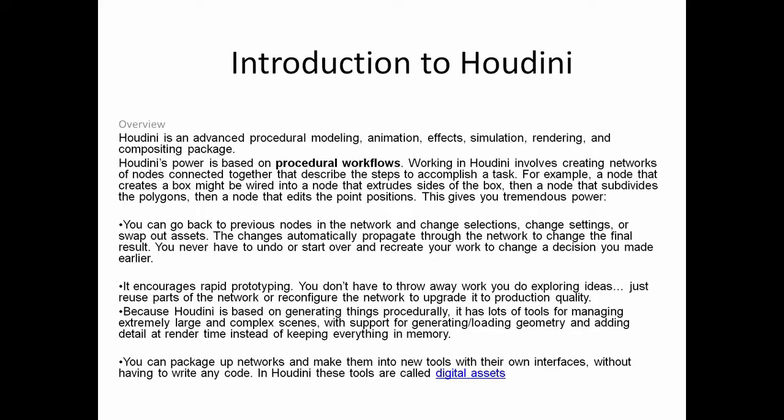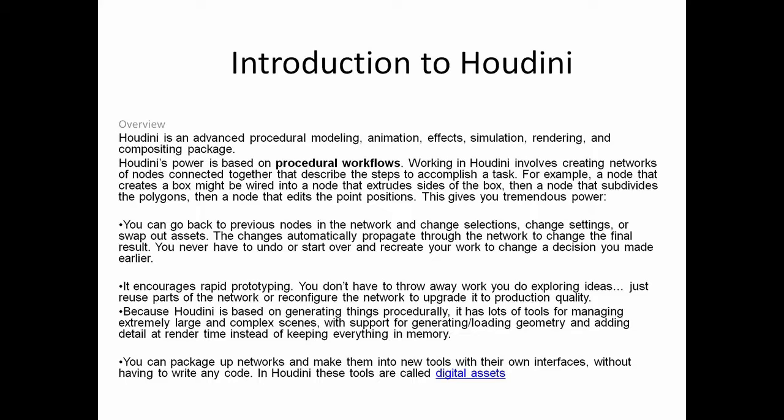The root network contains a few pre-made networks like geo, and out, where random nodes go. Networks have a type such as a geometry network or dynamic network that controls what type of nodes you can put in the network. The scene level called geo contains objects such as characters, props, and lights.